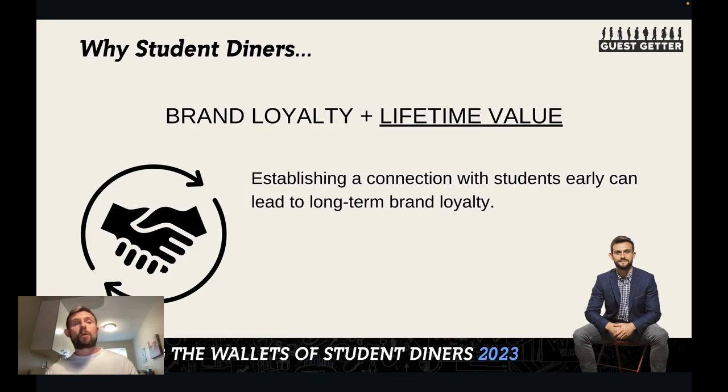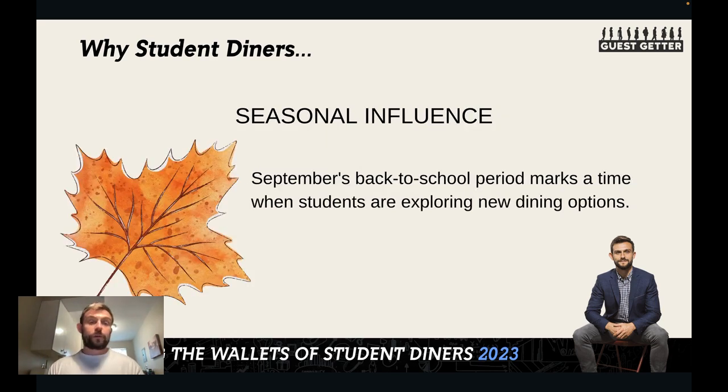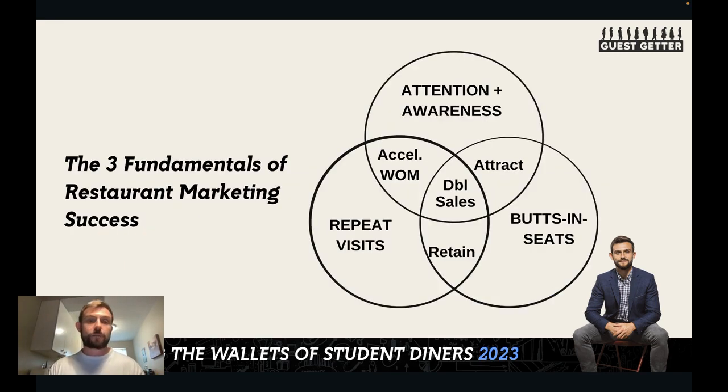We all know how important brand loyalty and lifetime value of our guests is, and so establishing a connection with students early on in their student career can lead to not only long-term brand loyalty, but lucrative lifetime value. We don't want to be transactional in our restaurants. We want to be relationship driven. We want to think long-term, and that's what lifetime value is all about. Also, seasonal influence. September's back-to-school period marks a time when students are exploring new dining options.